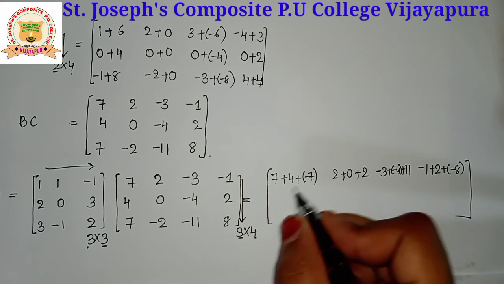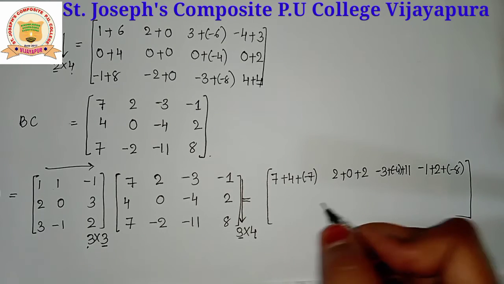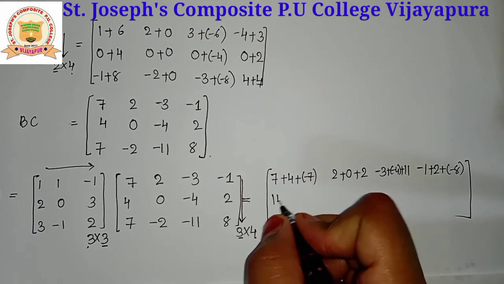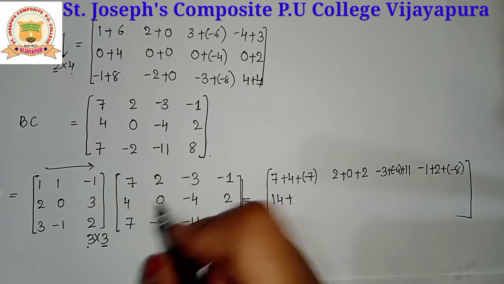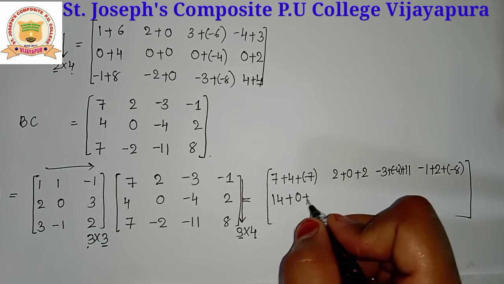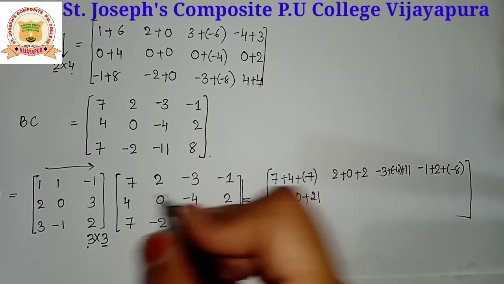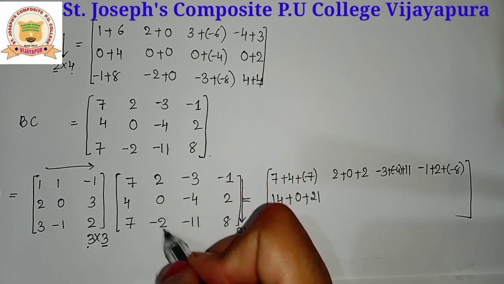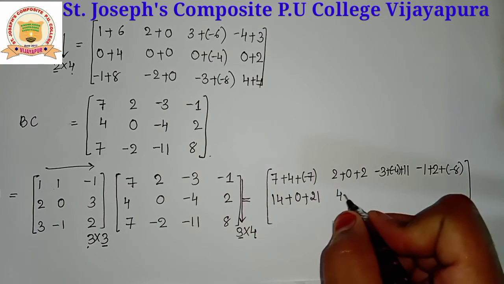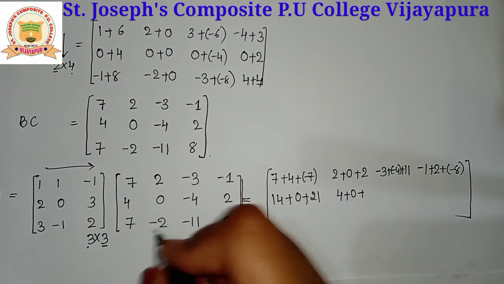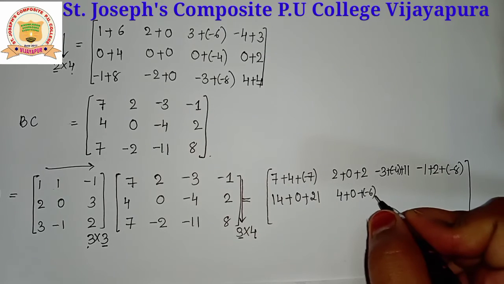In the same manner, the next element will be A21, that is second row, first column. 2 into 7 is 14, plus 0 into 4 is 0, plus 3 into 7 is 21. Next element will be A22, second row, second column. 2 into 2 is 4, plus 0 into 0 is 0, plus 3 into minus 2 is minus 6.